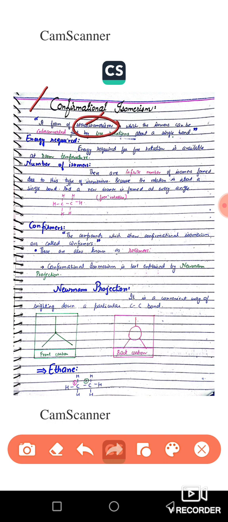They don't have double or triple bonds between them, they just have single bonds. That is why they are interconvertible into each other.